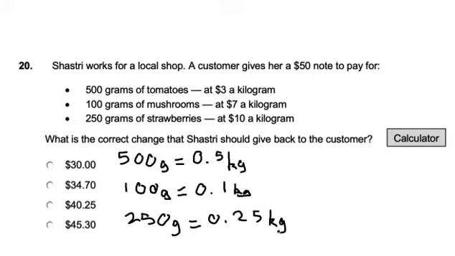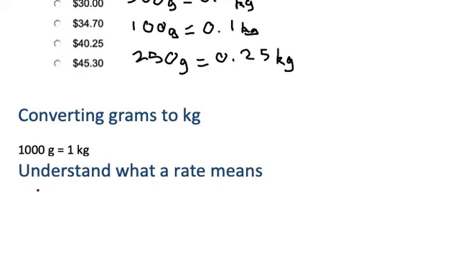The next thing I want to do is understand what the rate is saying. So here for tomatoes, it says $3 a kilogram. That means for every 1 kilogram of tomatoes we buy, so I'll say T as tomatoes, it's going to cost us $3.